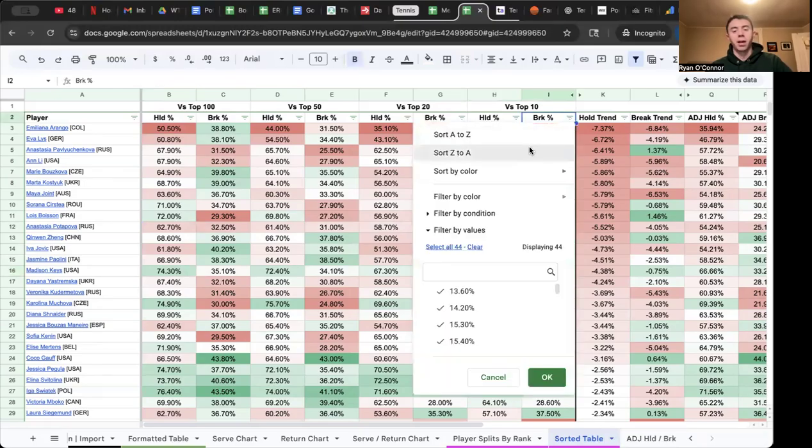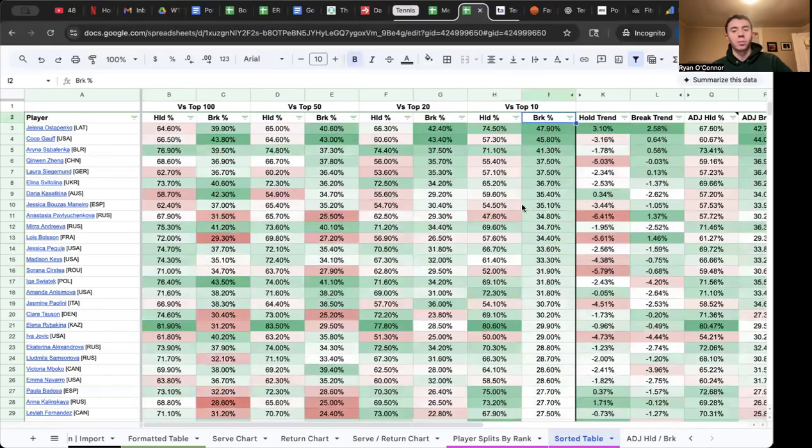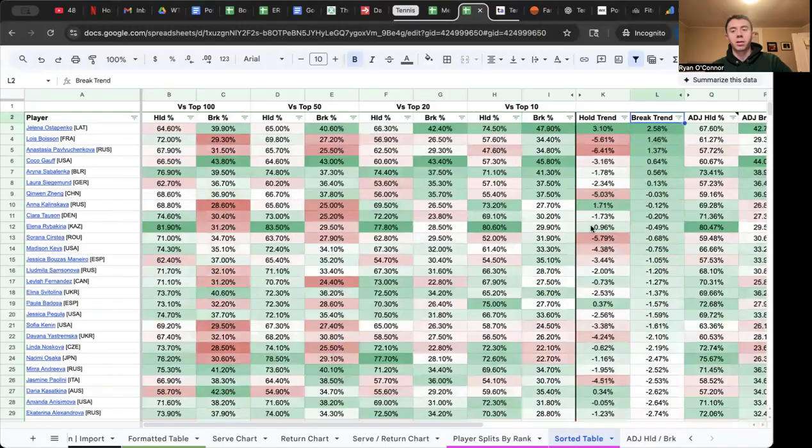And then lastly, for this portion here, break percentages, or excuse me, I went to break trend. Ostapenko, Boysan, Pavlyuchenkova, Goff, Sabalenka, Siegemund. These are the ones whose break percentages go up as the opponent gets more difficult. So nice to see here that Rybakina doesn't really have much change.